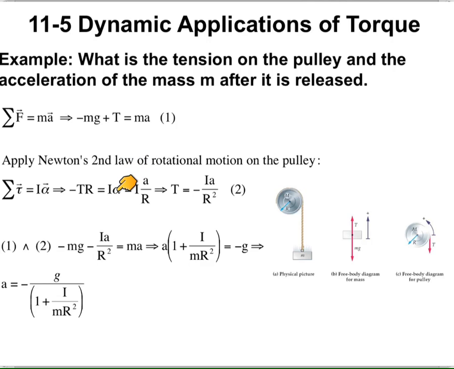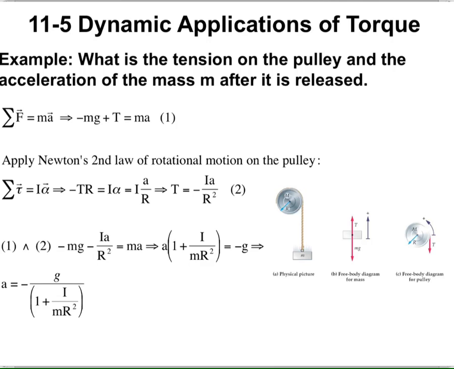What is alpha? Or how is alpha related to this linear acceleration? We already know that alpha is equal to A divided by R. If there is a rotation, then the linear acceleration of the rim is related to the angular acceleration as A is equal to R times alpha.